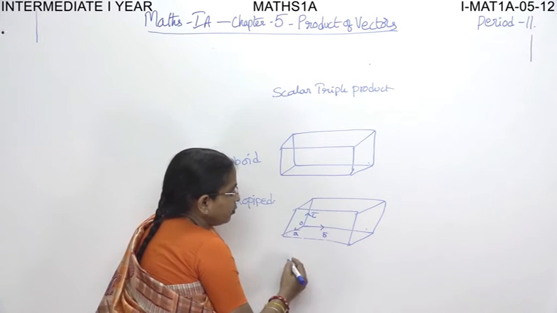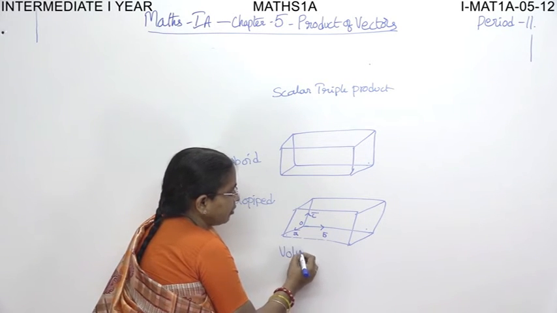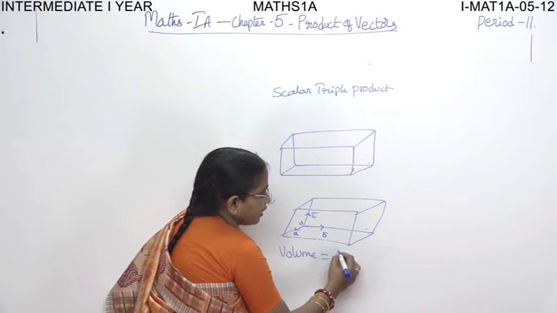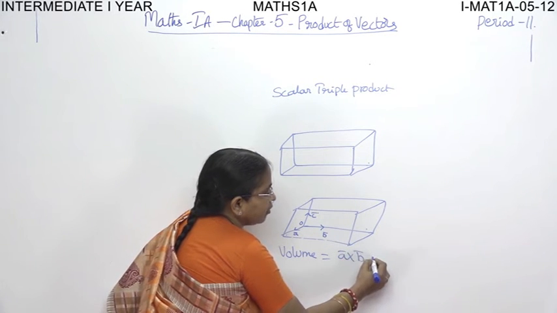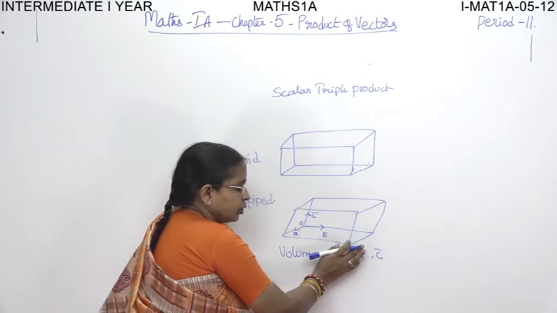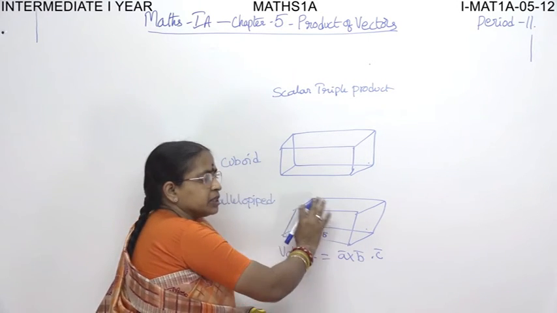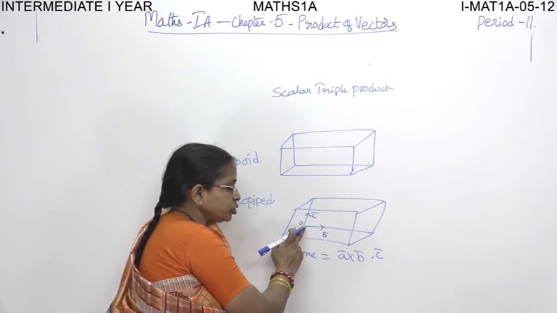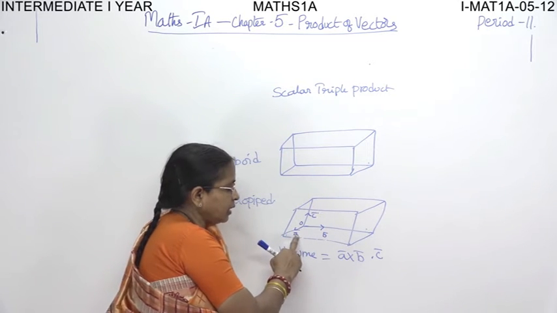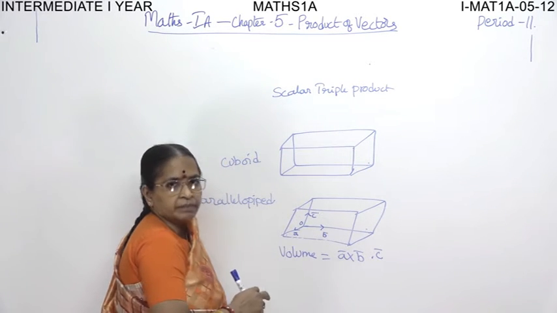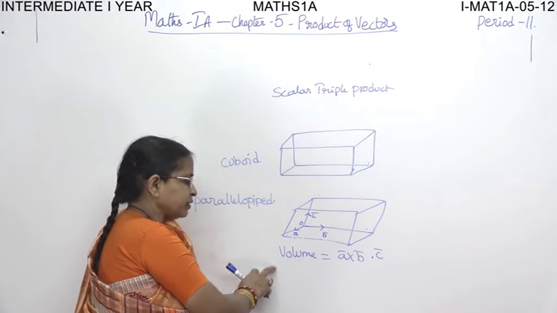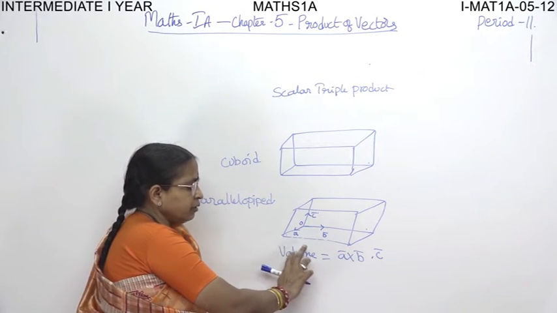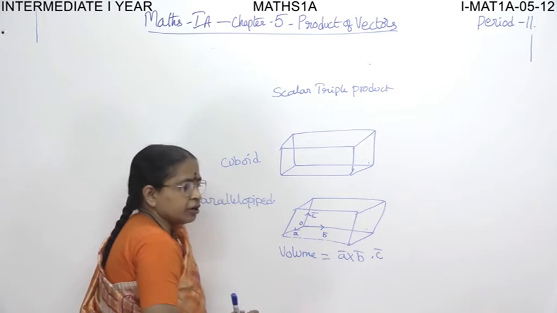Then the volume of the parallelepiped is given by A cross B dot C. So A cross B dot C is nothing but the volume of the parallelepiped whose coterminous edges are A, B and C. The proof is also there, but that is not needed for you. You just learn the formula A cross B dot C.